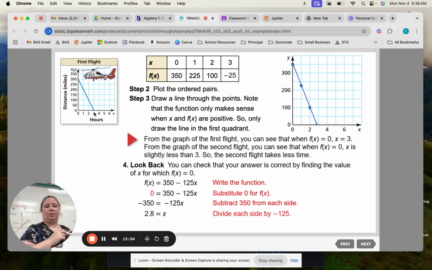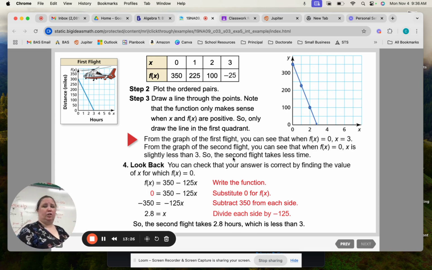The second flight took how many hours? 2.8. So which flight was faster? Second. Just under 3 hours instead of exactly 3 hours. So you can do the table if you'd rather. You just plug in 0, 1, 2, 3, because that's how many hours you would guesstimate. Either way works. I prefer graphing it using the slope.